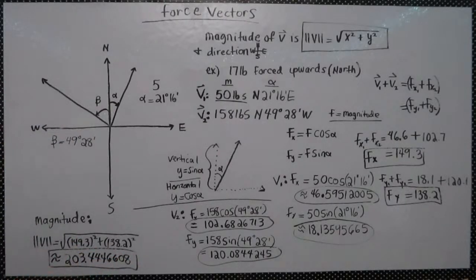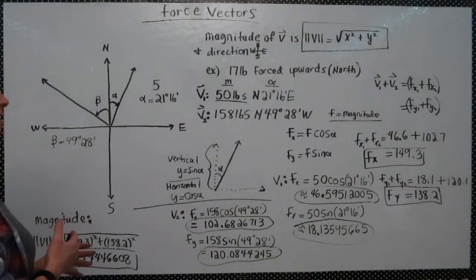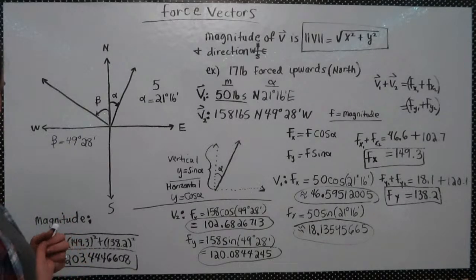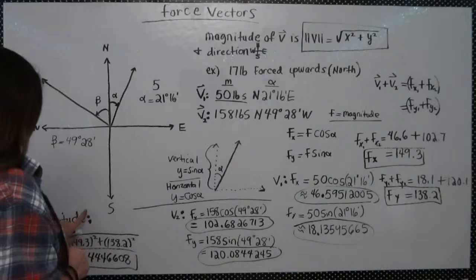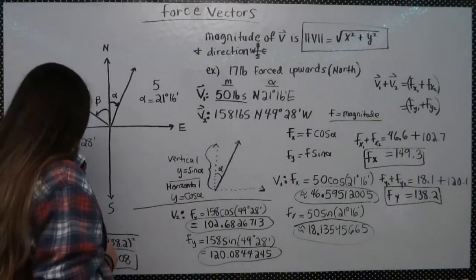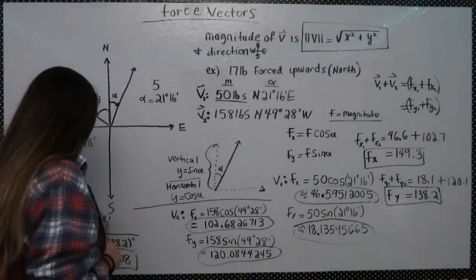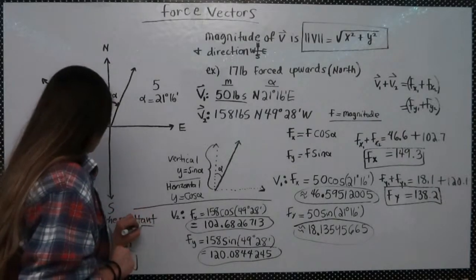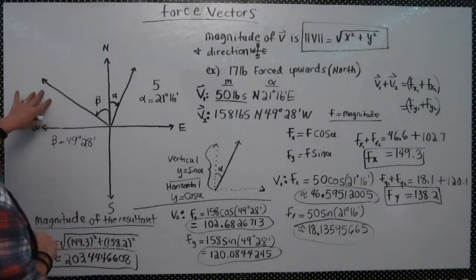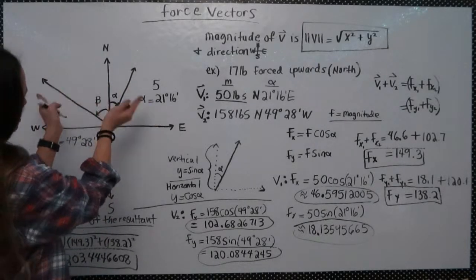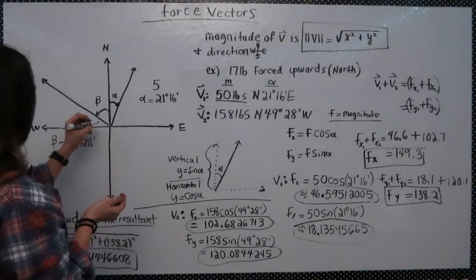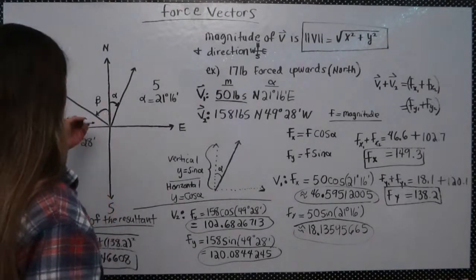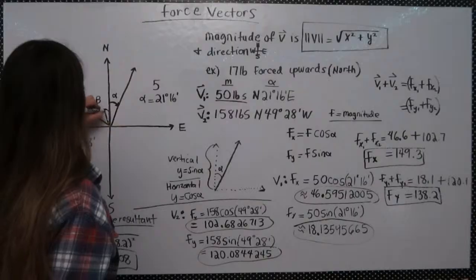I know that was kind of a crash course in finding the magnitude. What the magnitude actually is, it's the resultant of adding those. So this is the magnitude of the resultant. Because what we did was we took these two vectors and we added them together, and that resultant vector most likely would be here somewhere.